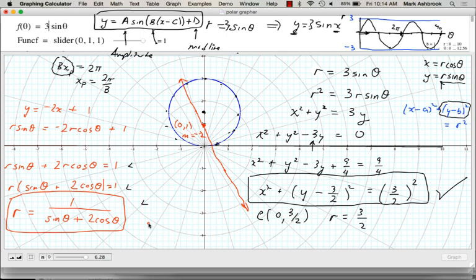That's kind of a weird equation, right? It's 1 over sine theta plus 2 cosine theta in the denominator. This agrees with the fact that lines aren't convenient in polar coordinates, so you don't get a convenient equation either. But still, you need to know how to go back and forth between polar and Cartesian rectangular equations.